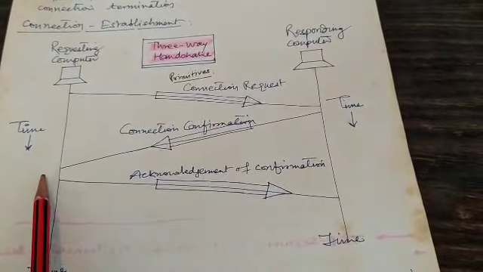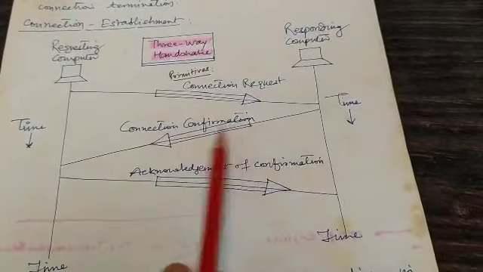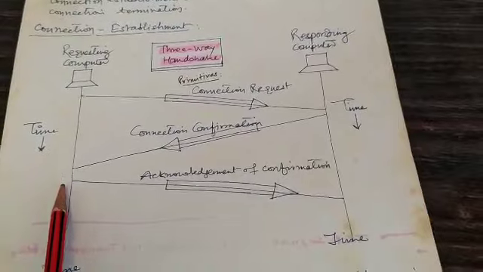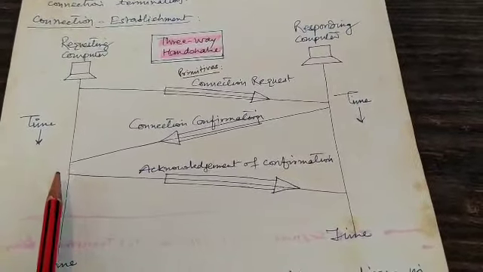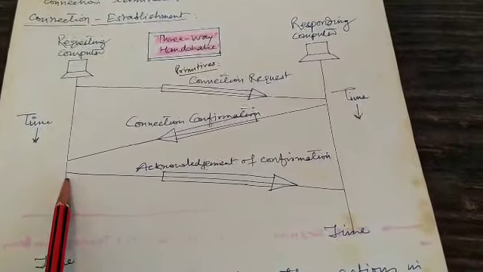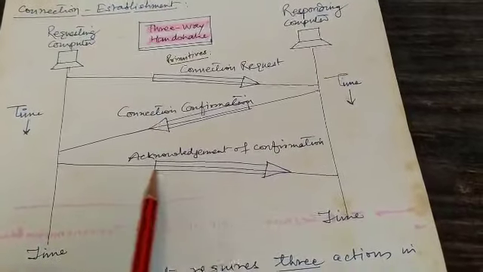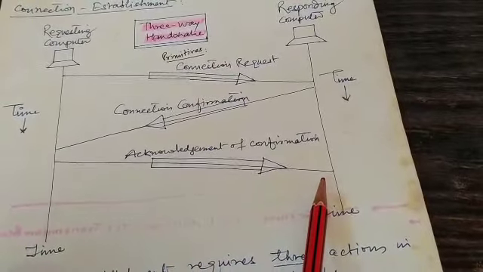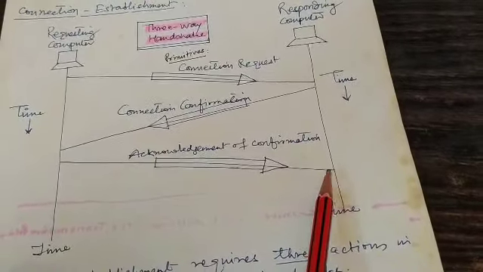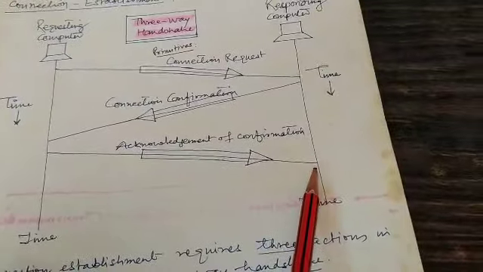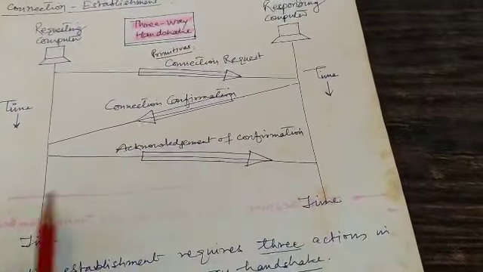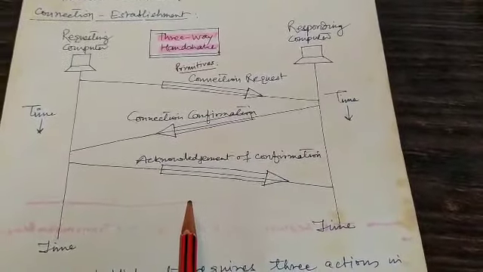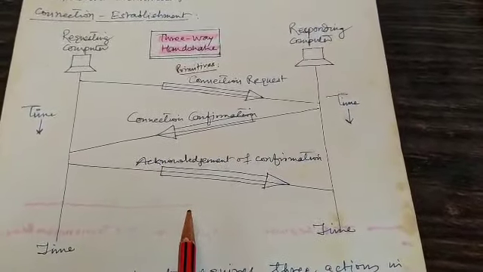The responding computer, on getting this request, sends the connection confirmation, which is received by the requesting computer, and then the requesting computer sends the acknowledgement of this confirmation to the responding computer, so that when the responding computer receives this, both the requesting side and the responding side are sure about the establishment of the connection.